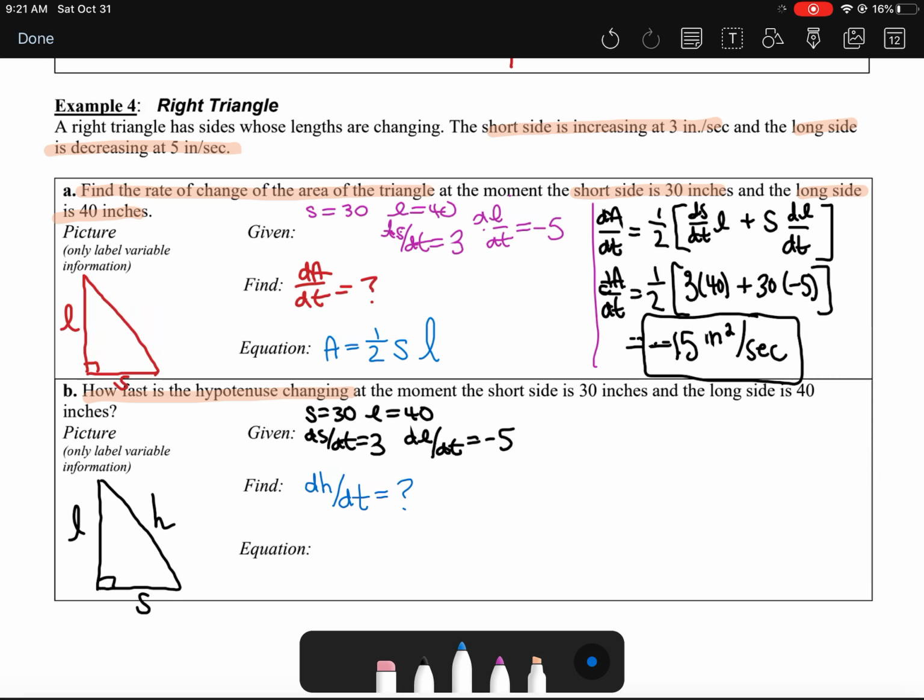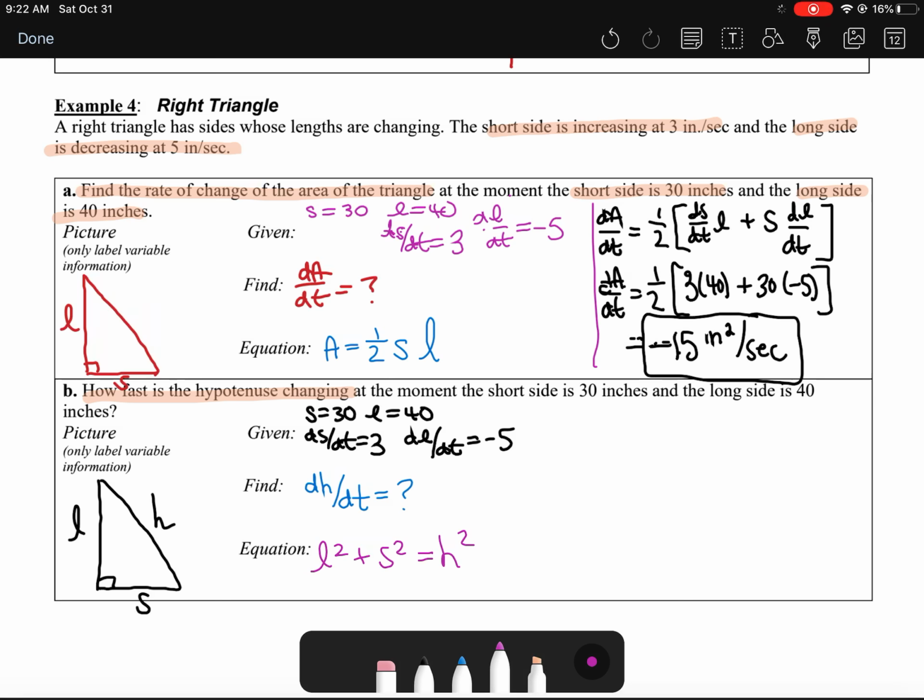Now I need to write an equation. So if I think about it, I need an equation to deal with the hypotenuse. Well, if I have a right triangle and I need something with the hypotenuse, a famous theorem should be coming to mind, hopefully. And that would be your Pythagorean. So I have L squared plus S squared equals H squared.